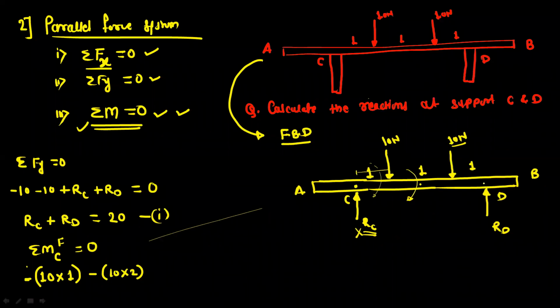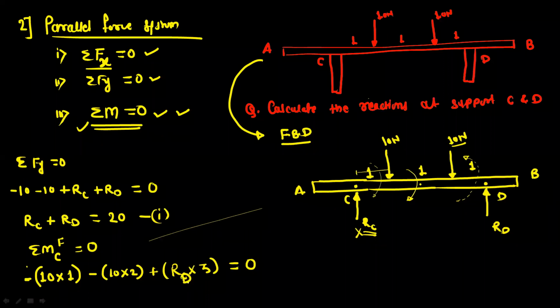And next is reaction RD. For the reaction RD, the total distance from point C is 3 meter, and this moment is in the anti-clockwise direction, so it is positive. So plus reaction RD into 3 meter, equal to 0. So this is your complete moment equation about the point C.